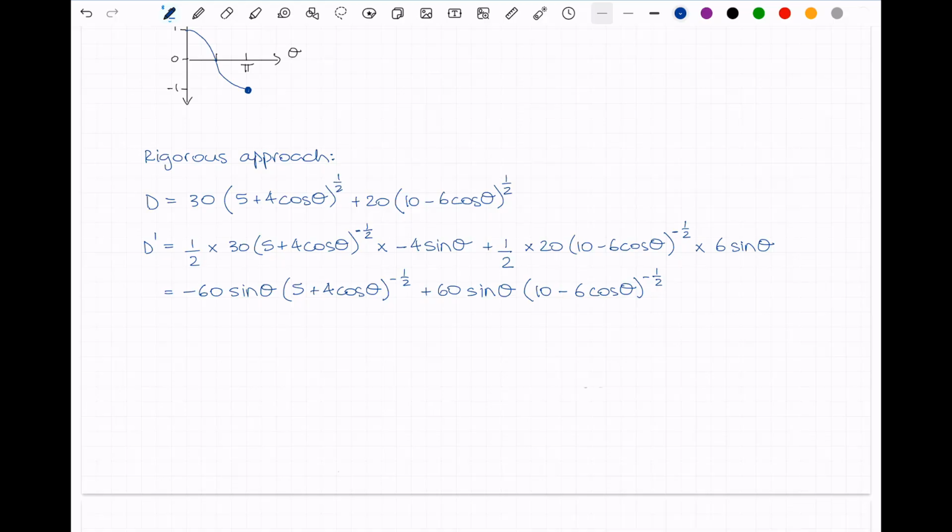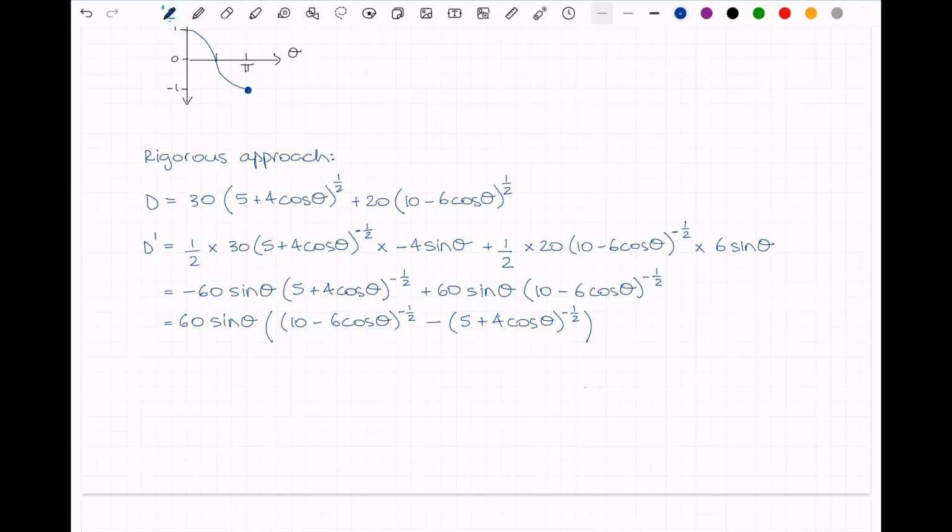And I might just factorize out that 60 sine theta. And I might write the positive term first, so we'll have 10 minus 6 cos theta to the power of a negative a half, minus the 5 plus 4 cos theta to the power of a negative a half. So that is the first derivative.